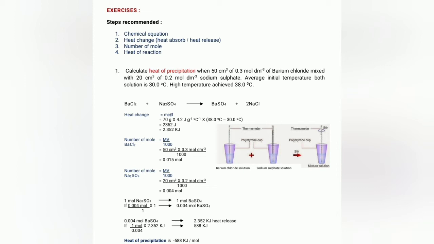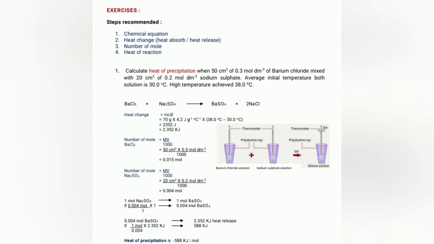Next, we calculate the number of moles of barium chloride and the number of moles of sodium sulfate by using the formula MV over 1000. We divide by 1000 because the volume of the solution is given in centimeter cube, and we need to convert it into decimeter cube, to get the number of moles for the solution.